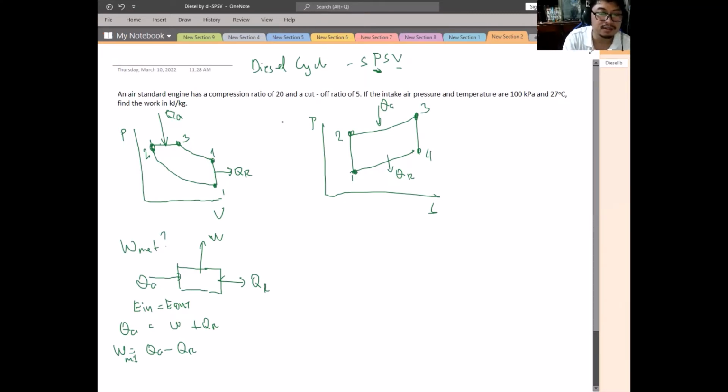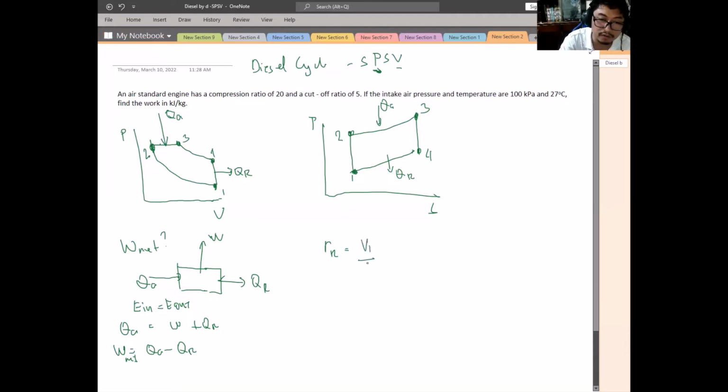Let us identify the givens. Compression ratio, rk, corresponds to the movement of the piston cylinder during compression, from 0.1 to 0.2 in our PV diagram.